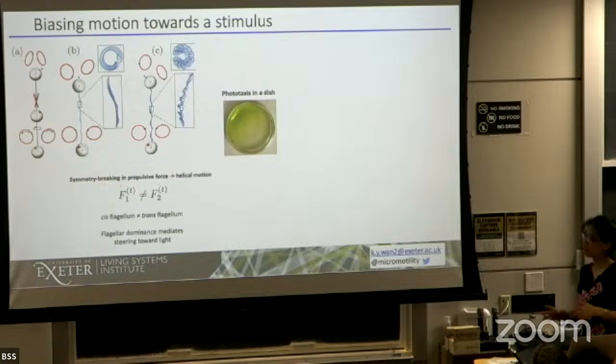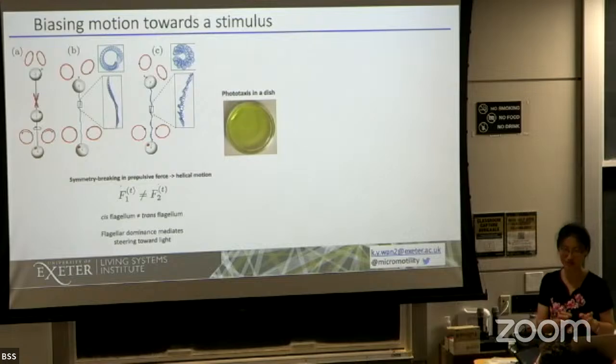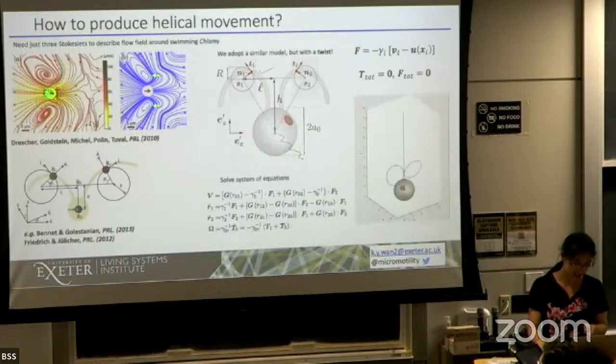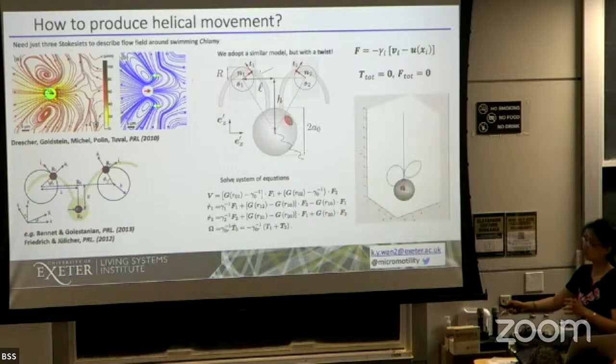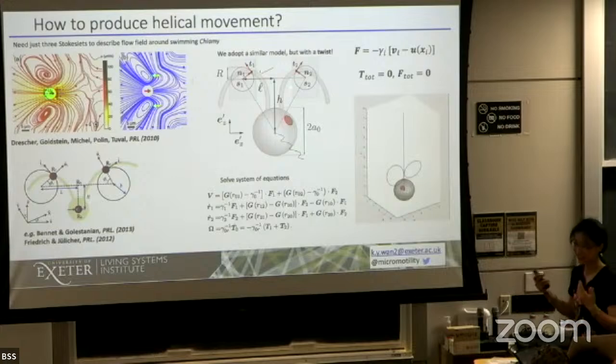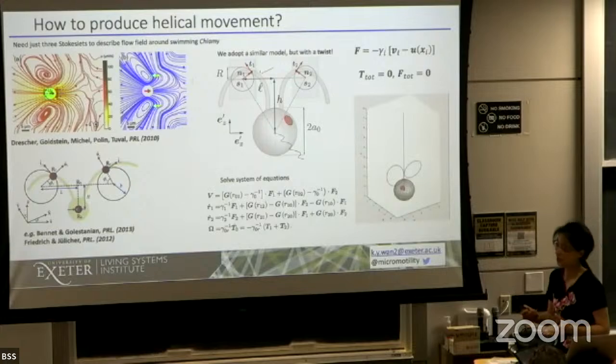But I think the point is, I'm just going to summarize some years of work, not just from our side, but also from others in the field. And actually the authors I cited here, they implemented this exact scenario, but it was a simpler version of what we now know to be the case in terms of how the flagella are actually actuated.